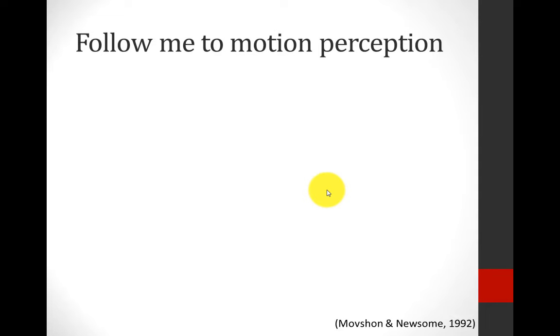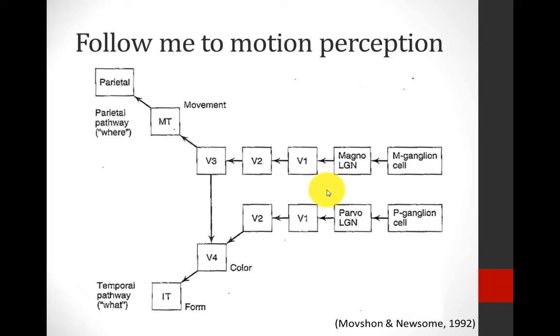So let's start here, and what we know, and this seems to be my favorite figure, but it's so clear and easy to use. We know that in primates there is this well-defined pathway setup, and we've talked about this, the what and the where, or the where and the how. But there's actually that well-defined division of the visual pathways that are specialized for motion.